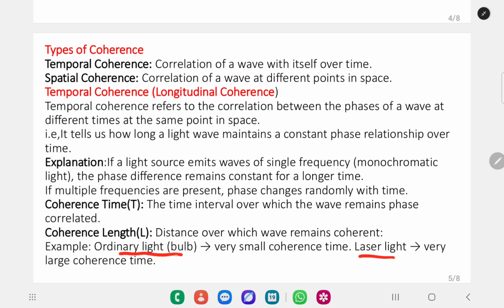An ordinary bulb has a very small coherence time, because its phases are not correlated for a very long time, whereas laser light has a larger coherence time. That means the phases of the laser light are correlated for a very long period of time. That is coherence.